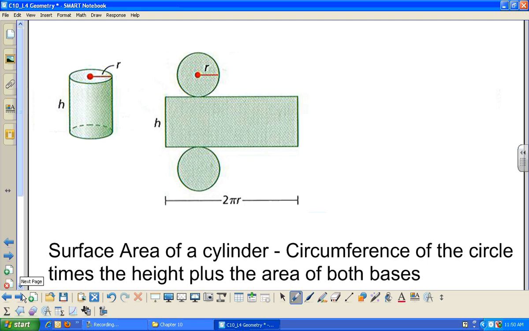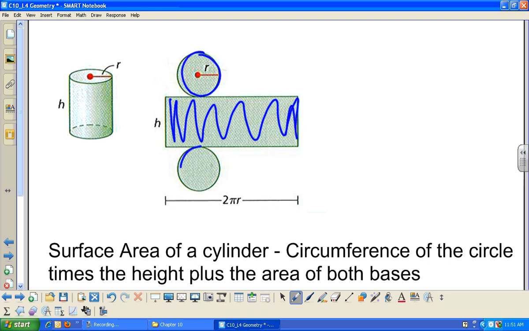Now if I have a cylinder, the lateral area would be the area of the rectangle of the height, plus the area of the two circles on top and bottom. Now this side length is going to be the same distance as the circumference of a circle.